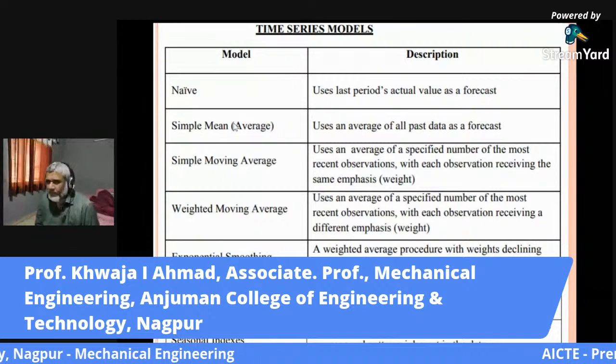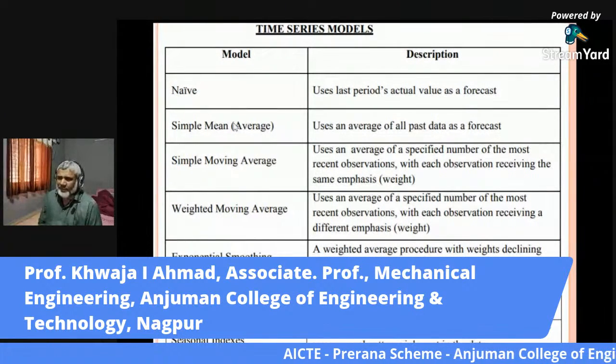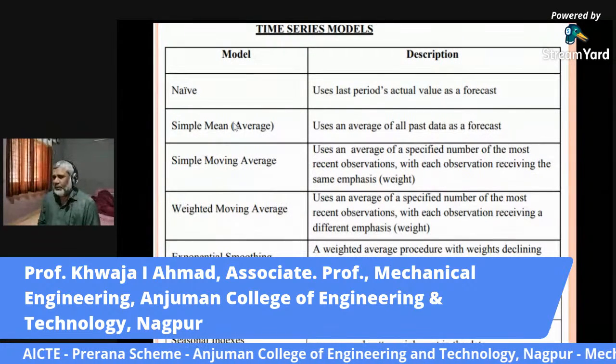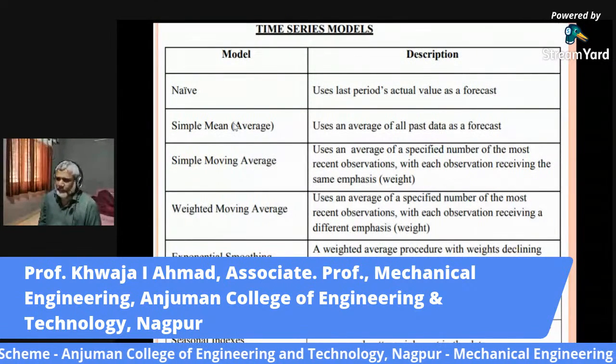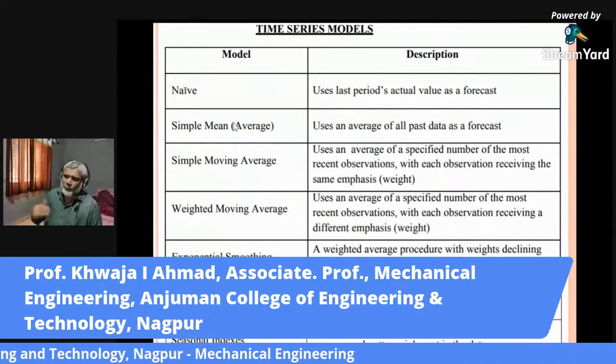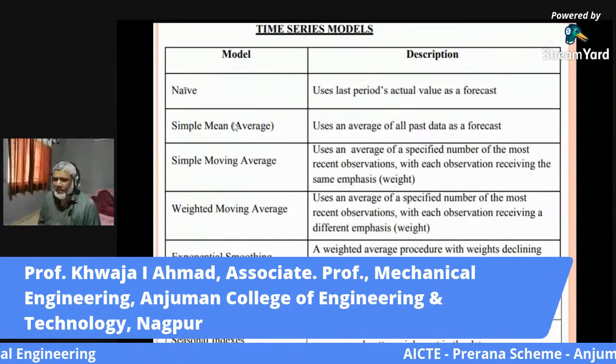Some of the methods or models of time series are the naive method. This uses last period's actual value as a forecast. Whatever the last sales value is, that will be the forecasted value for the future. That is the naive method. Then the simple mean average method.